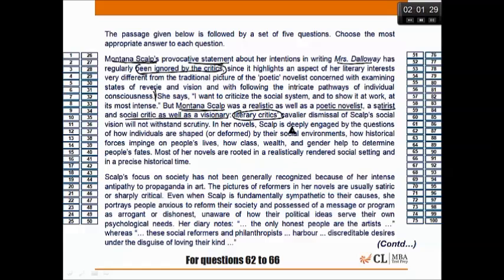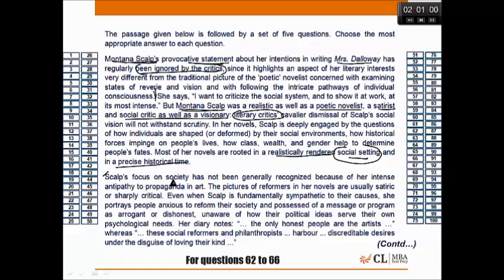In her novels, Scalp is deeply engaged by the questions of how individuals are shaped by their social environment, how historical forces impinge on people's lives, how class, wealth, and gender help to determine people's fate. Most of the novels are rooted in realistically rendered social settings and in a precise historical time. Great. So he's talking about what the literary critic thinks, and the author has made a clear position that he or she likes Scalp.